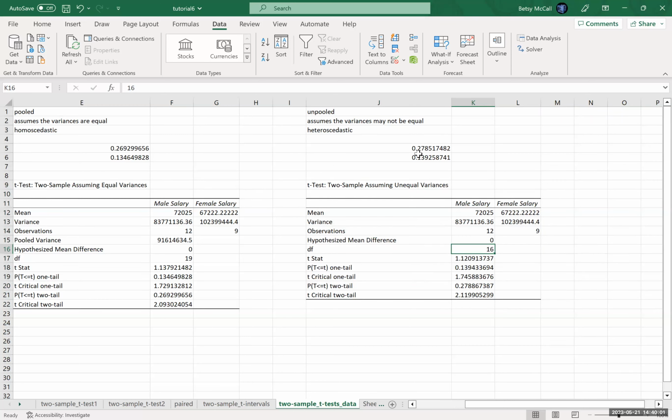That's part of the reason why our p-value is a little bit higher. The degrees of freedom is smaller. Our test statistic is a little bit different. But we have our p-value here as well. So again, it gives us the summary calculation because we have the data. We can get a little bit more out of it than just the p-value.